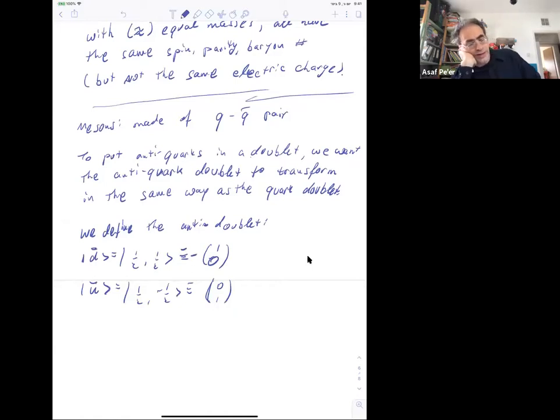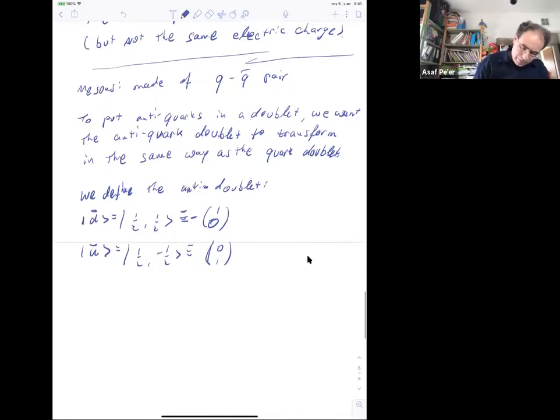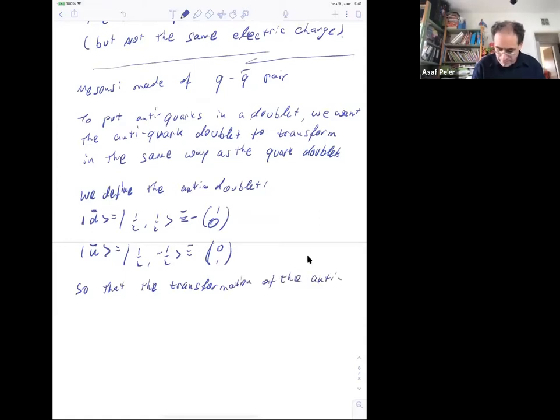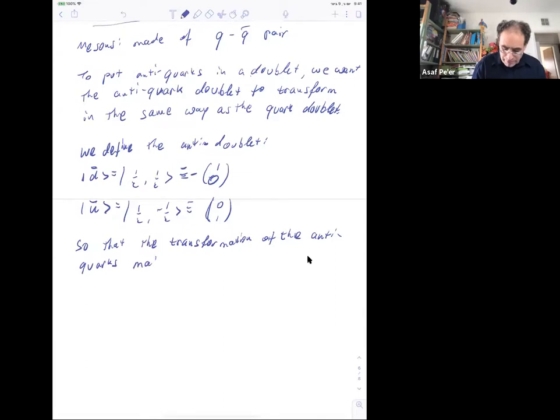So I added this extra minus there because when I do it like that, it ensures that when I make a transformation of the antiquarks, they will match exactly that of the quarks. So that's the transformation of the antiquarks, matches that of the quarks.